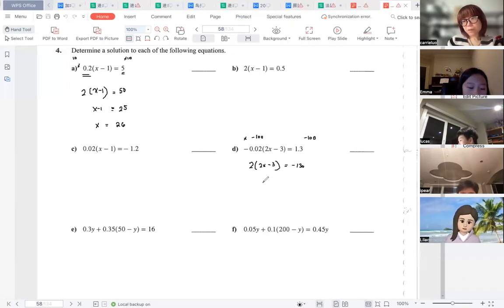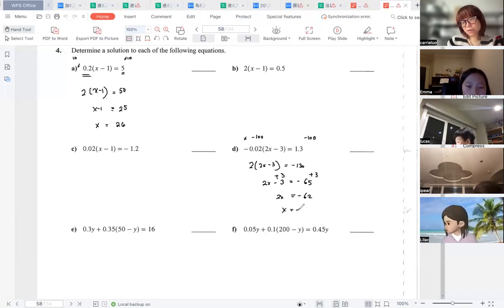Okay, so divided by 2. So 2x minus 3 equals negative 65. Okay, so 2x equals negative 62 because it's plus 3 and plus 3. Get it? So x equals negative 31. Okay, so if you get it, all of you do C and F yourself.